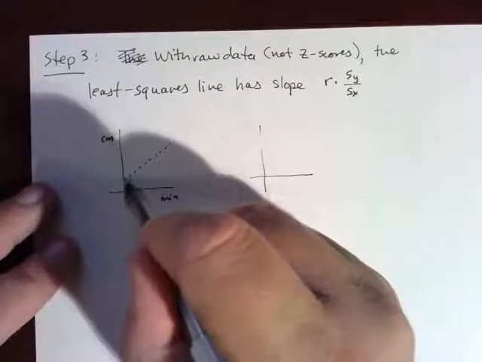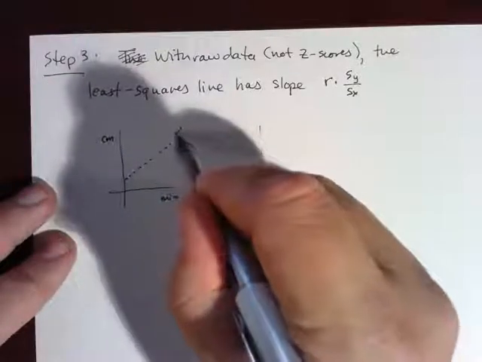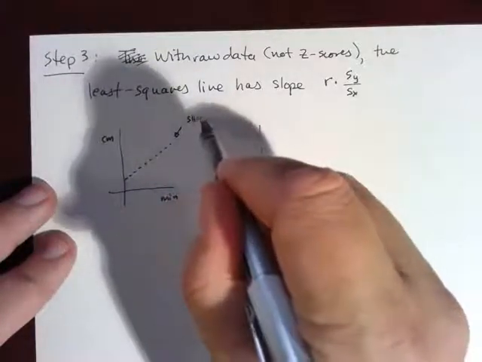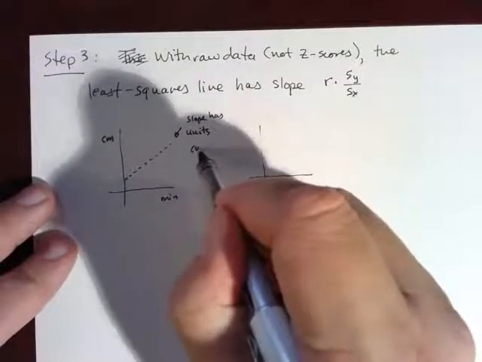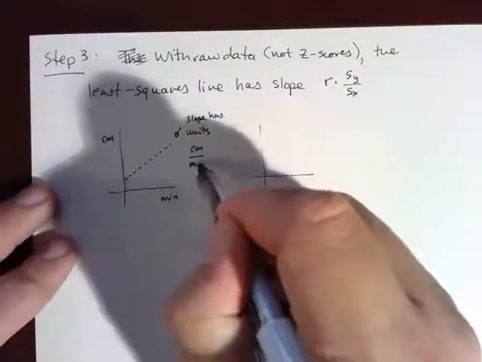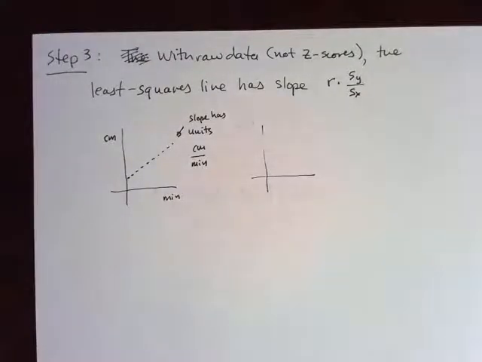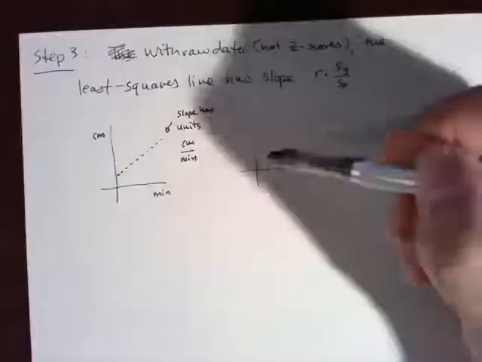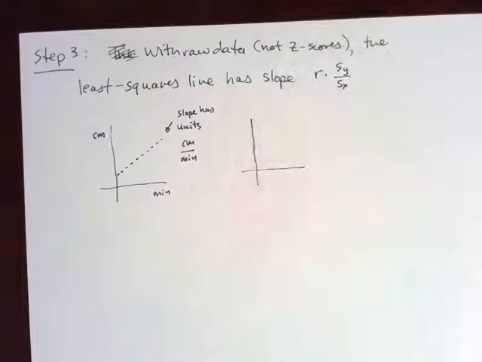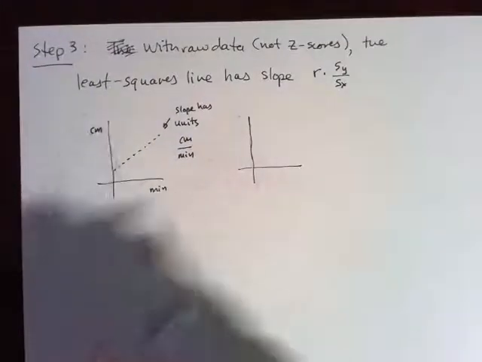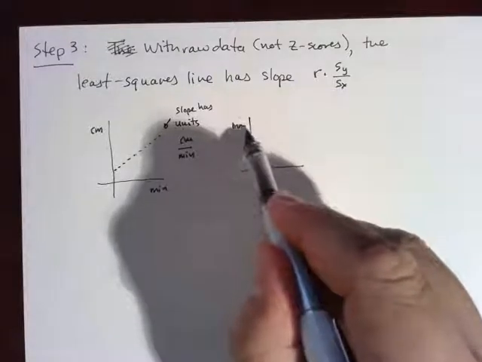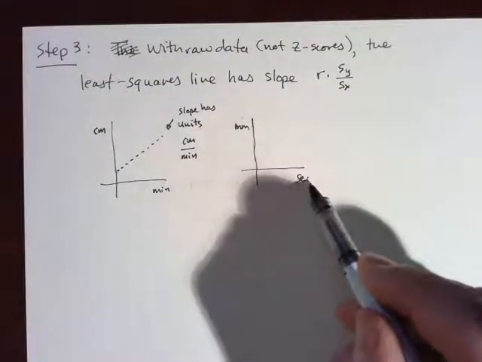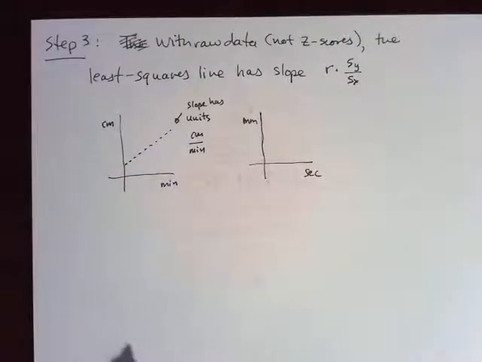And so the slope of this line has units centimeters per minute. And then you look over the instructions to the lab or whatever, and you realize that you've used the wrong units on these axes. The instructor has asked you to use millimeters per second instead of centimeters per minute.